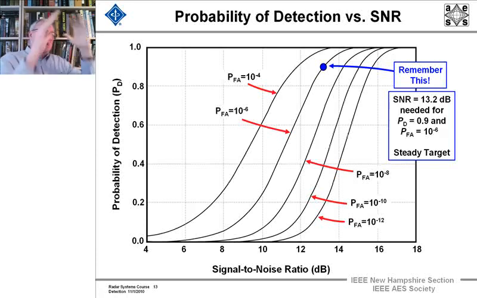And remember, in that airport surveillance radar, we had millions of cells. So what you want is a few tens or 100 or so of false alarms per scan over this whole giant area. You've got to have a very small probability of false alarm because you're making that decision many, many times, millions of times. And for higher resolution radars, they'll be going up into the 10 to the 8th. And you need 13.2 dB.